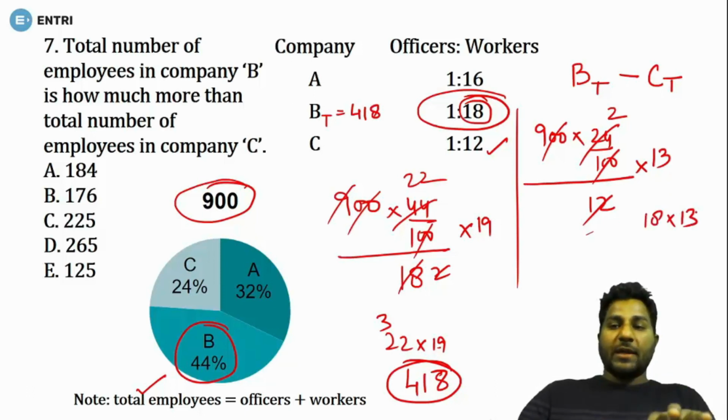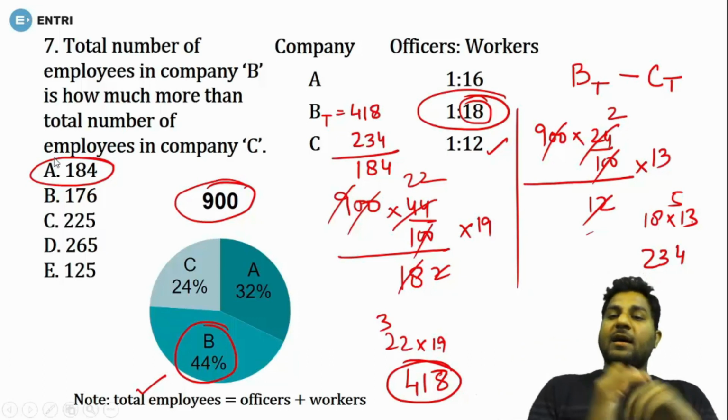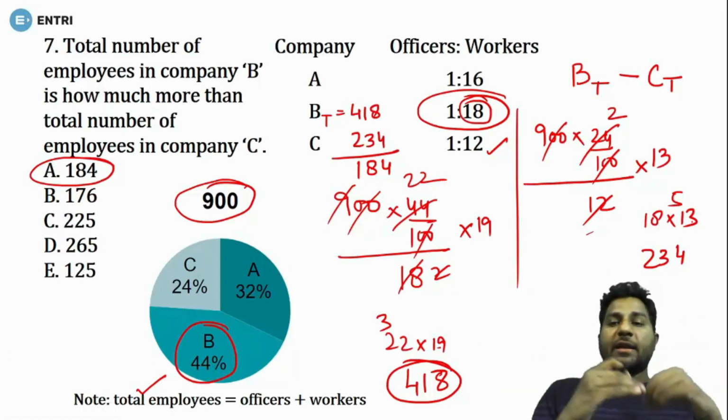All right, we will do that. 18 threes are 54, 18 ones are 18, and that makes 234. That means 184 will be the correct answer. Got it? I hope you are getting the concept one by one.